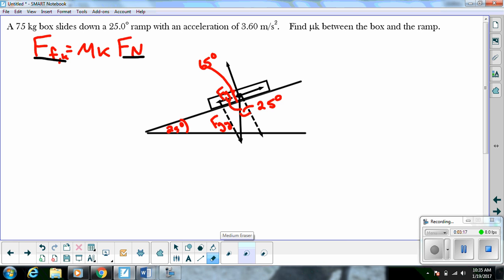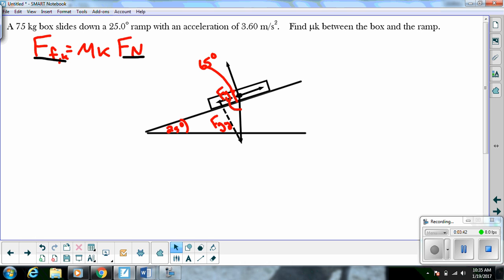So I'm going to use 65 degrees so that I can remember that sine is always going to be the vertical component and cosine is always going to be the horizontal component. And I'm going to erase that 25 because I'm not going to use that, and I'm going to erase that vector there.